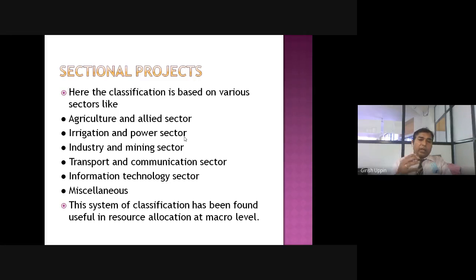And why they do sector-wise projects is that there will be some advantage in certain sectors. For example, if I say the IT sector, India is making huge revenue in the IT sector, and there are certain sectors where we are dependent on other countries, or certain sectors are not progressing as much.